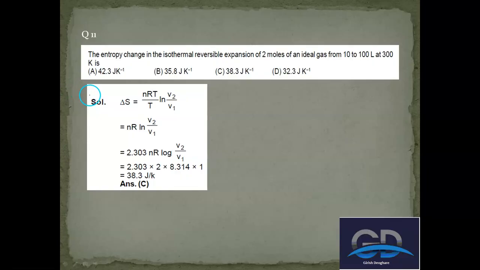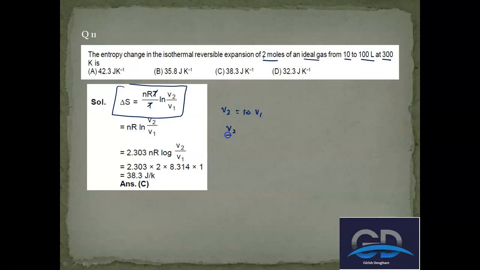Question number 11. The entropy change in the isothermal reversible expansion of 2 moles of an ideal gas from 10 to 100 liters at 300 Kelvin is. So we know that delta S has this formula nR ln V2 by V1. Now we know that V2 is 10 times V1.